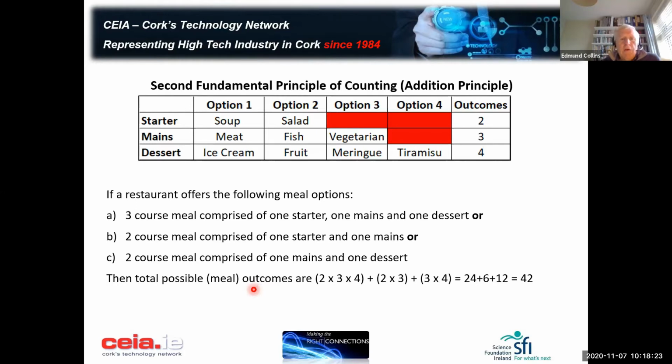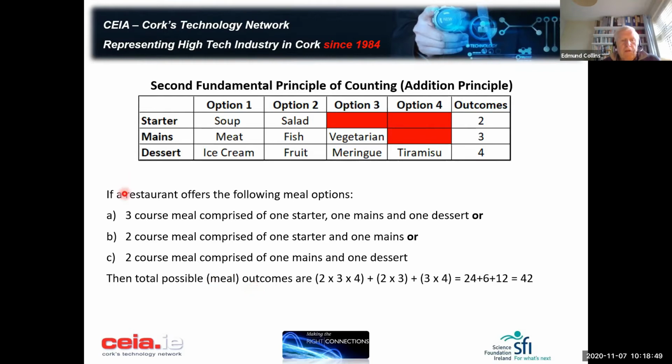The second fundamental principle of counting is the addition principle. So again, we have our same menu here. So everything is the same. Two possible starters, 3 possible mains, and 4 possible desserts. However, the rules around what the restaurant offers are different here.